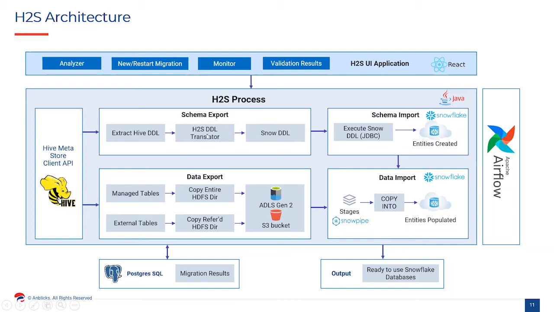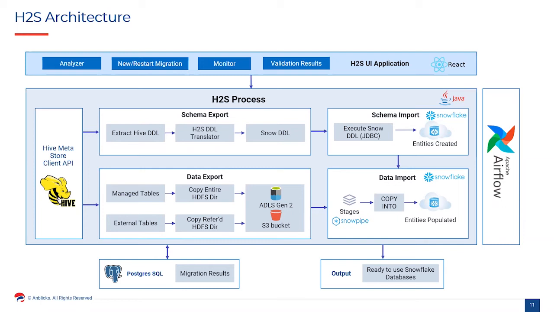We spent a good amount of time and brains developing this translator to translate the Hive DDL into the Snowflake DDL. And once the DDL is generated, the schema import module connects to the destination Snowflake environment and executes the Snowflake DDL to create the schema.